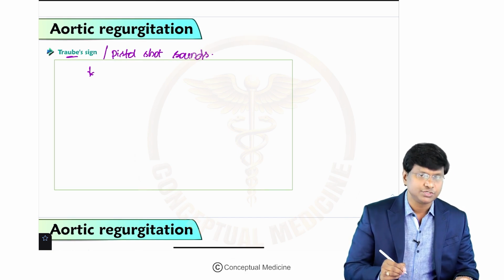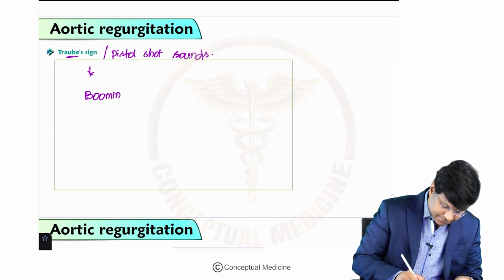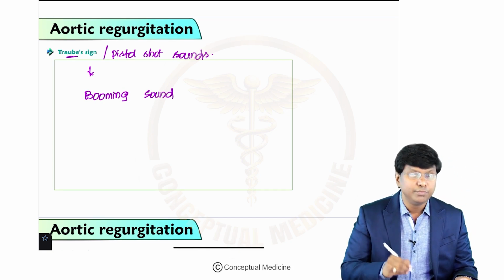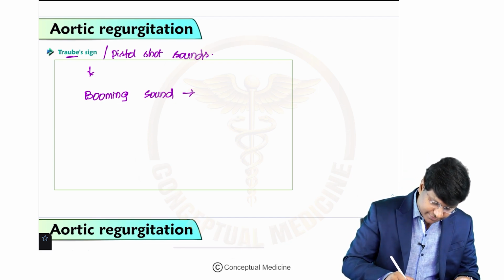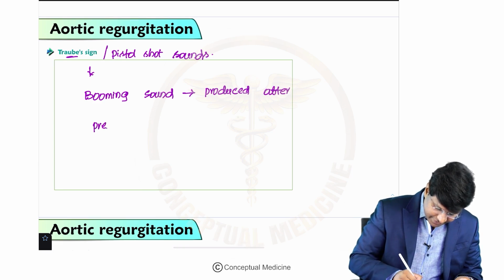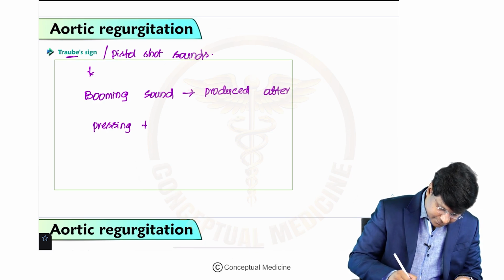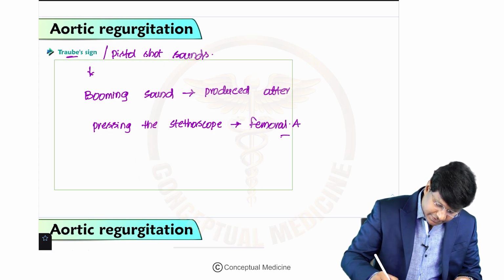Now this Traube sign or pistol shot sounds is where the individual will have a booming sound produced after pressing the stethoscope over the femoral artery.